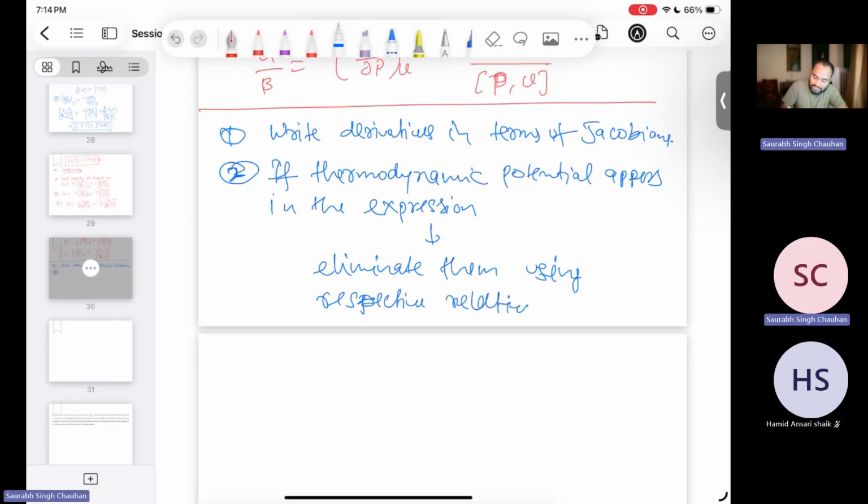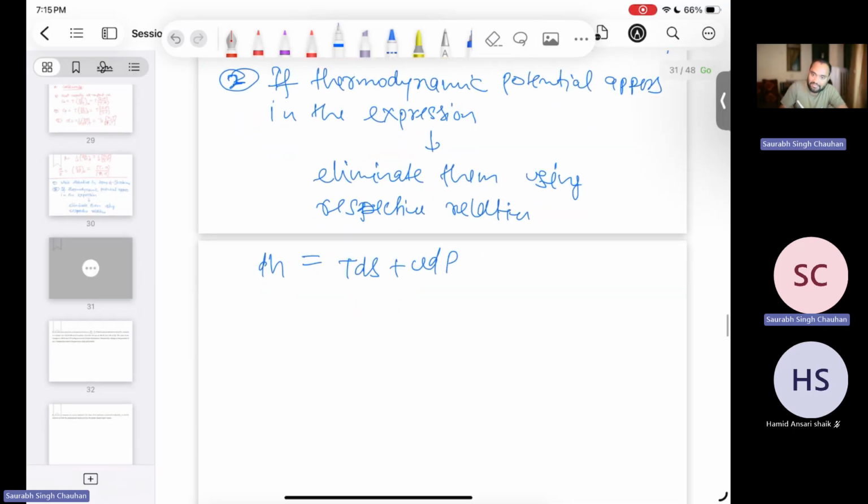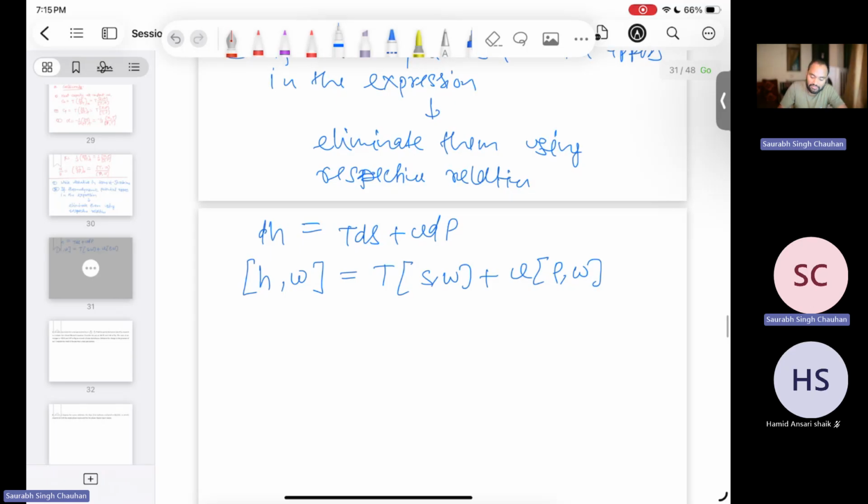Respective relation means, for example, if you encounter dH somewhere, then you will use this particular relation. dH is equal to TdS plus VdP, but you have already written everything in terms of Jacobians, so we'll write H comma W, where W is a dummy variable, is equal to T times S comma W plus V times P comma W. Okay, so that H will disappear.